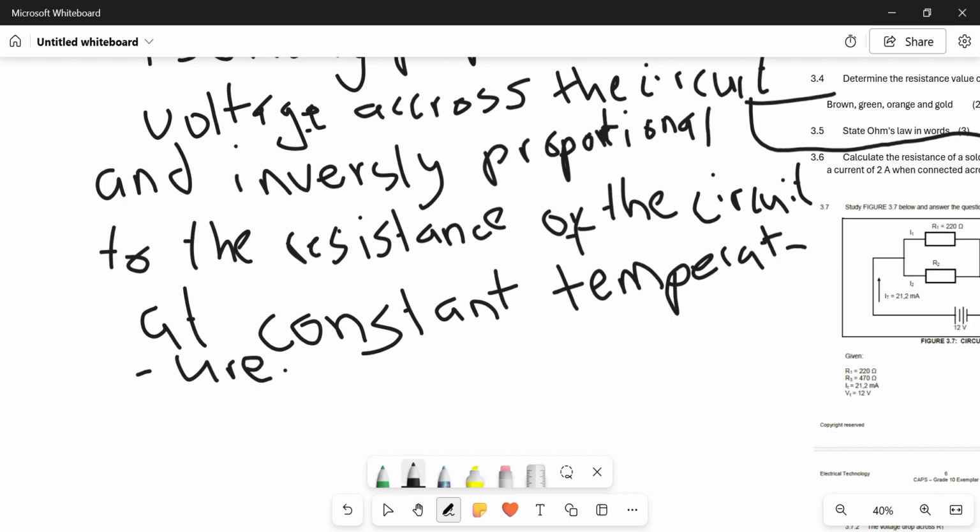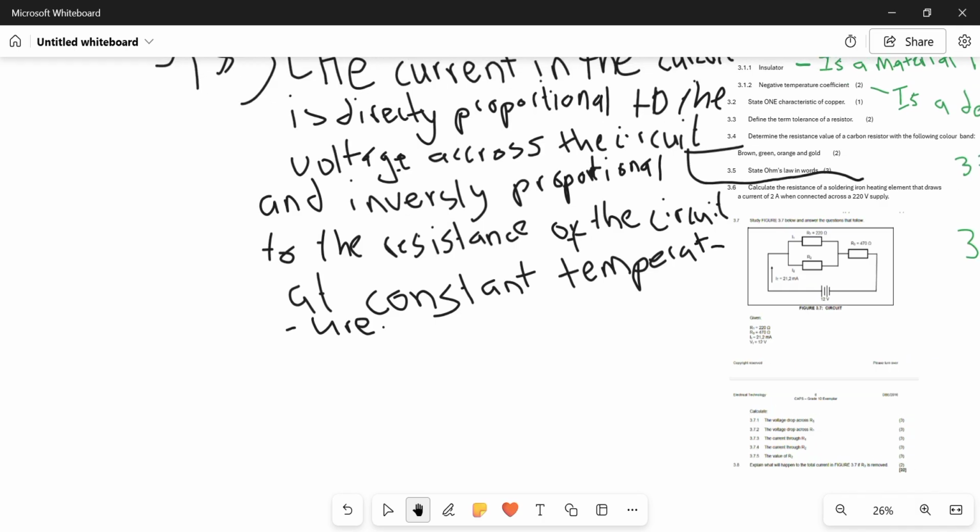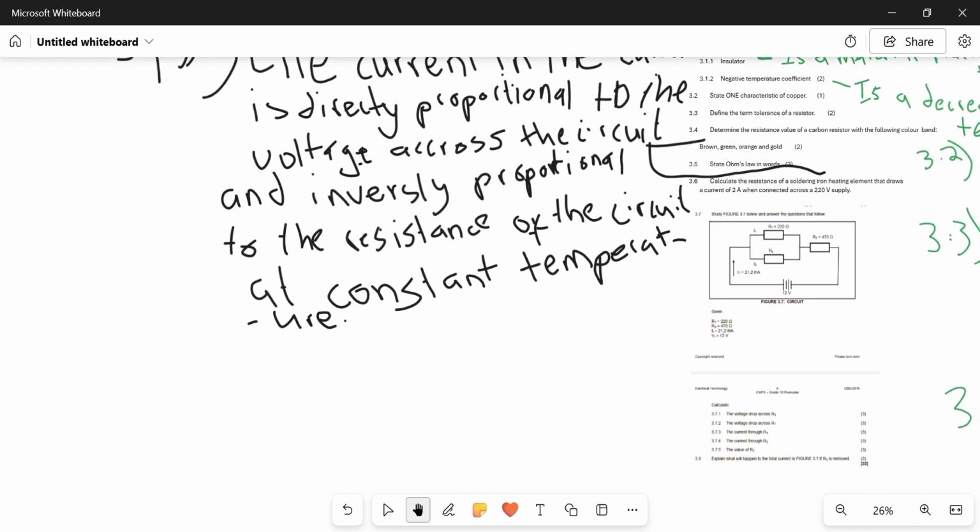Yeah, I finished it here with the dash. So that's the full definition of the Ohm's law in words.